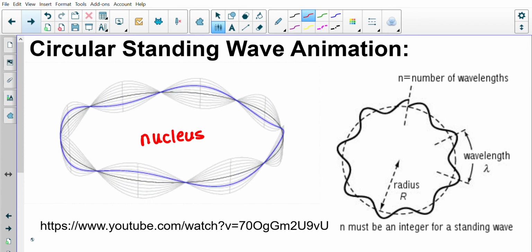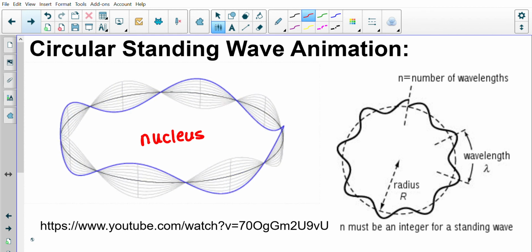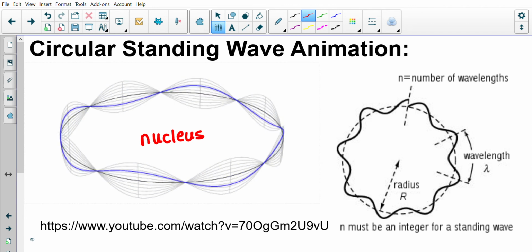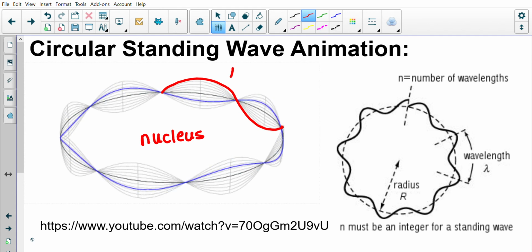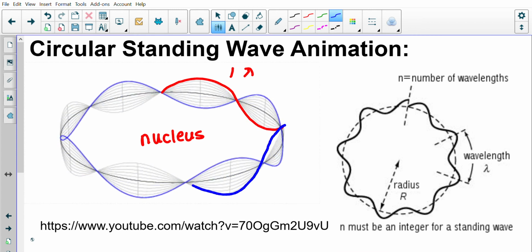Now, what we can do is we can actually count the number of wavelengths that are in this standing wave. So one wavelength includes one crest and one trough. So, for example, that is one wavelength. So we can go in and we can see how many we have. So there's another one.